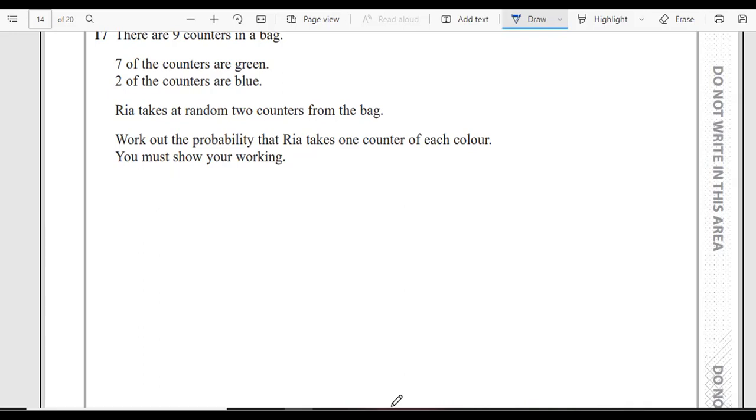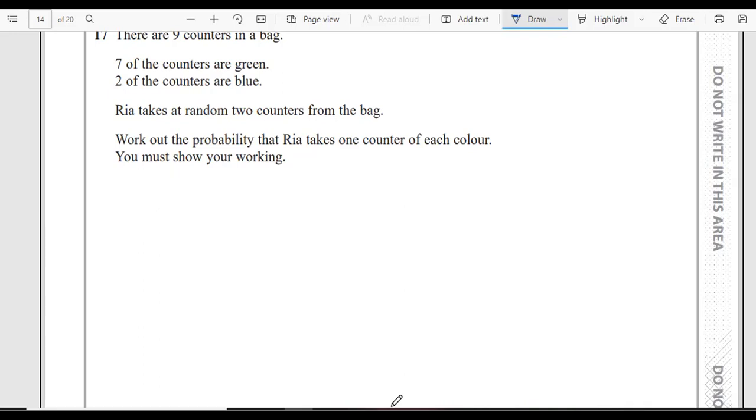7/9 out of 8. So you got GB equals 7/9 times 2/8. BG equals 2/9 times 7/8. That equals 14 over 72, 14 over 72.